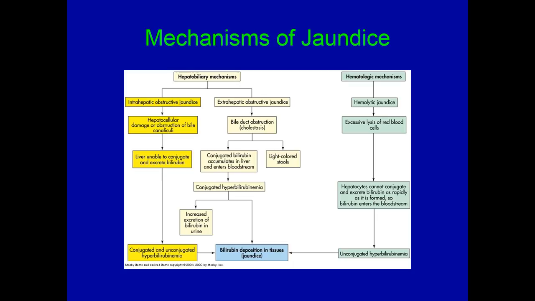We normally excrete it through the stool, but it goes into our bloodstream instead and deposits into tissues, and it goes somewhat into the urine instead. This just gives you more detail if you wanted to look at that more closely, but just remember what I said as well.